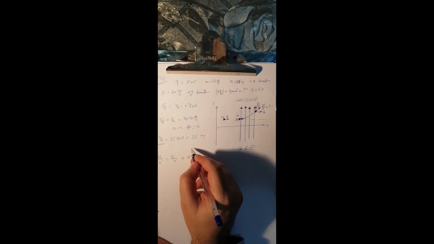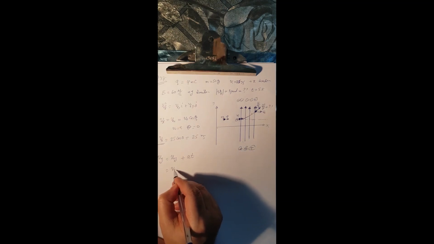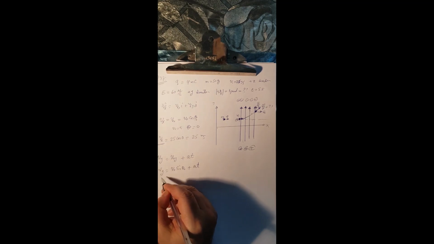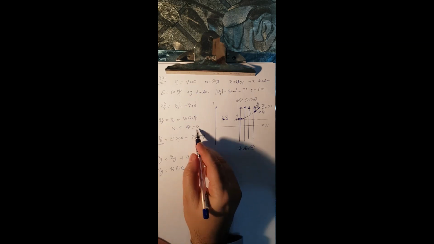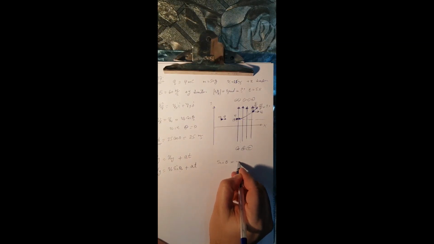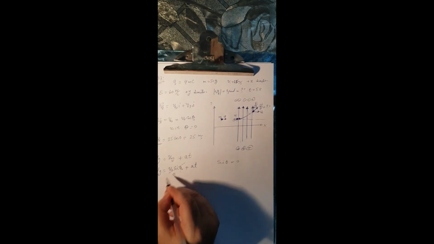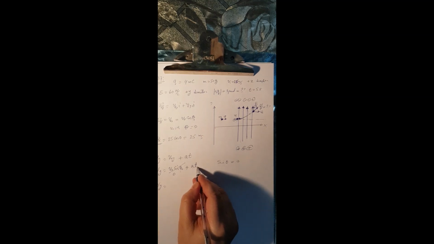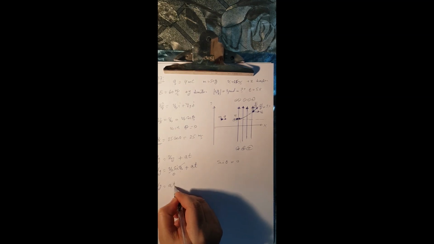V naught y is V naught sine theta naught. Theta is 0, so sine 0 equals 0, so this term is 0. What is left? Vy equals acceleration multiplied by time. The time is known, but the acceleration is unknown. So how do we find the acceleration?